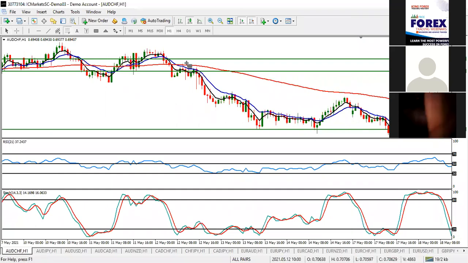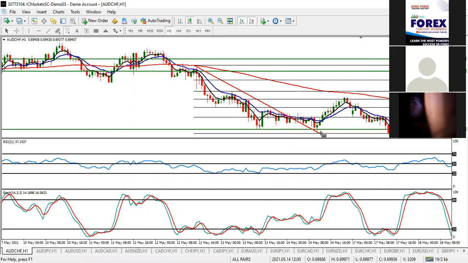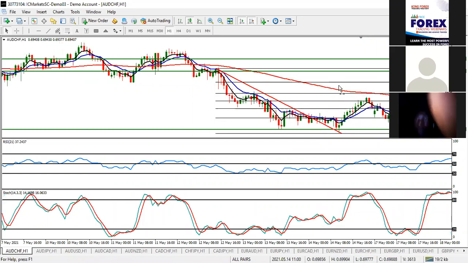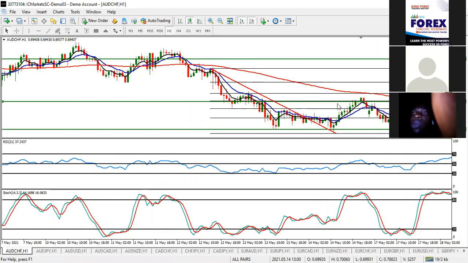And now another one we have right here, this is 50% level. All right, this one right here is 50% level. So you always want to wait for the pullback to get to between 50 and 60% level before you take the trade.